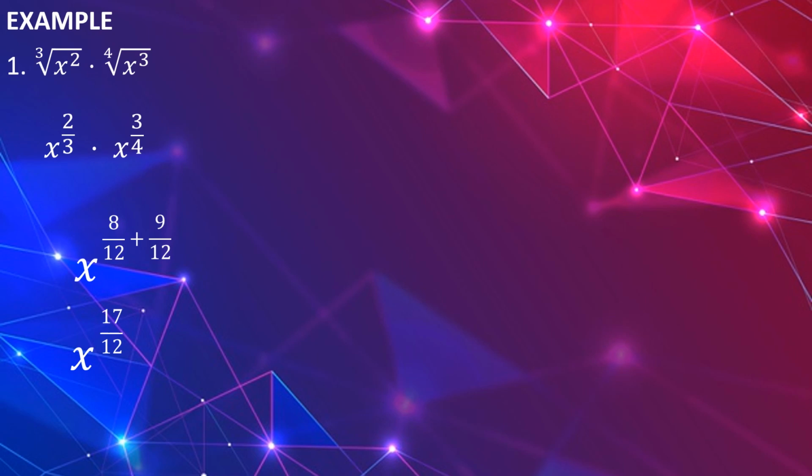Now we rewrite this product into its radical form. So we write the radical sign, we write x as our radicand, 17 as the exponent of our radicand, and 12 as the index.